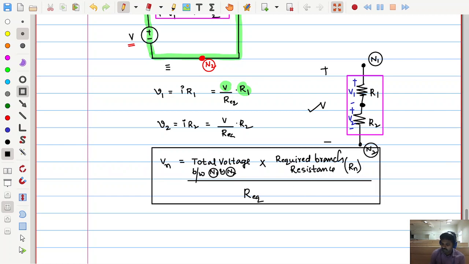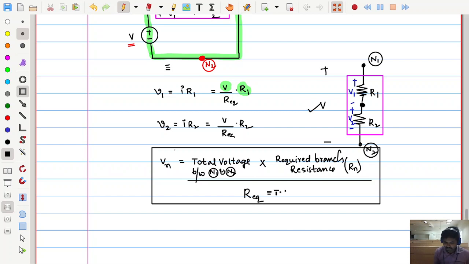Clear? We frequently use this in all circuit analysis problems. If I want the second branch voltage, take the total voltage which I am applying across this entire series connected branch, into the second branch resistance, divided by the total resistance. Req is the total resistance.